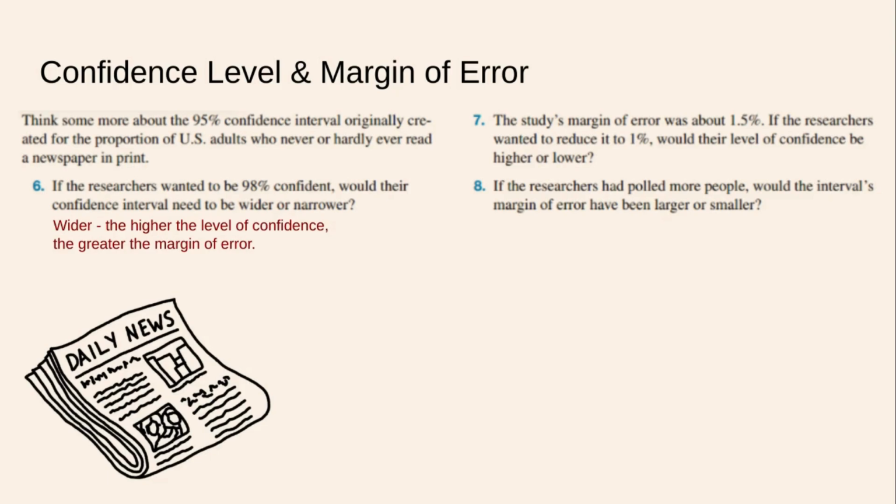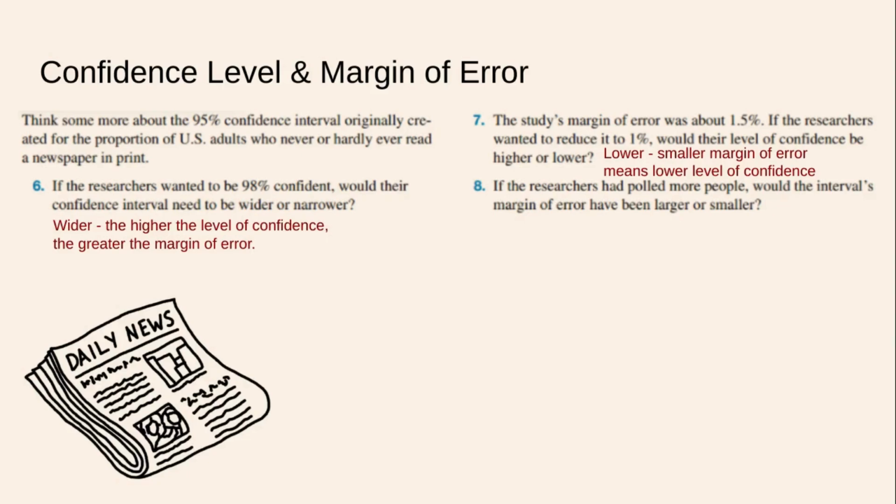What's going to need to happen? The answer is lower. Smaller margin of error means lower level of confidence. If you make your margin of error smaller, you're making your net to catch the true population proportion smaller, which means you're less confident that you're going to catch that population proportion.